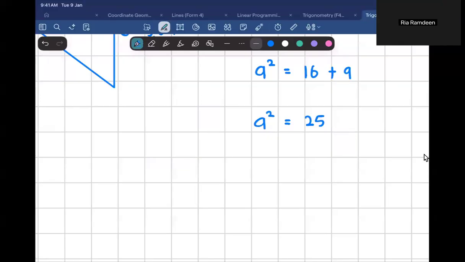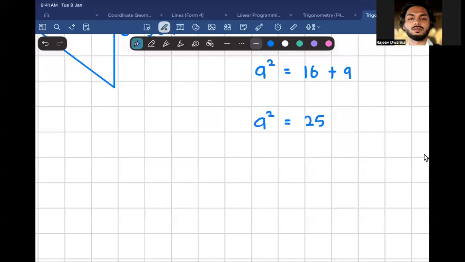Carissa, do you know what the opposite of squaring something is? It kind of sounds like root. The square root? Yes. The opposite of square is square root.